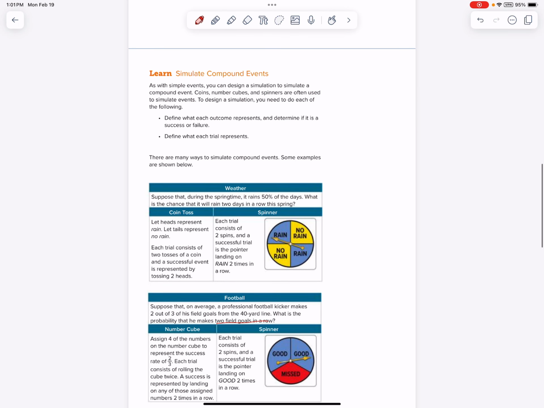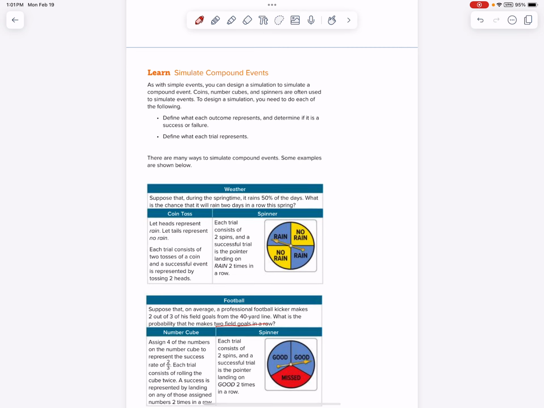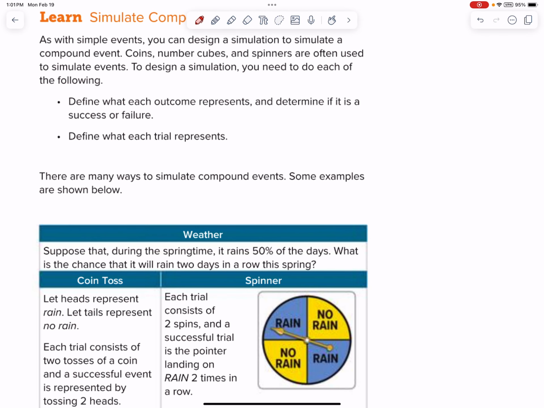All right, let's go ahead and take a look at 2 other examples just to continue to get you some familiarity with this. When you design a simulation, you just need to determine what each outcome represents and choose what counts as a success and what counts as a failure, and then choose something to carry out that event.